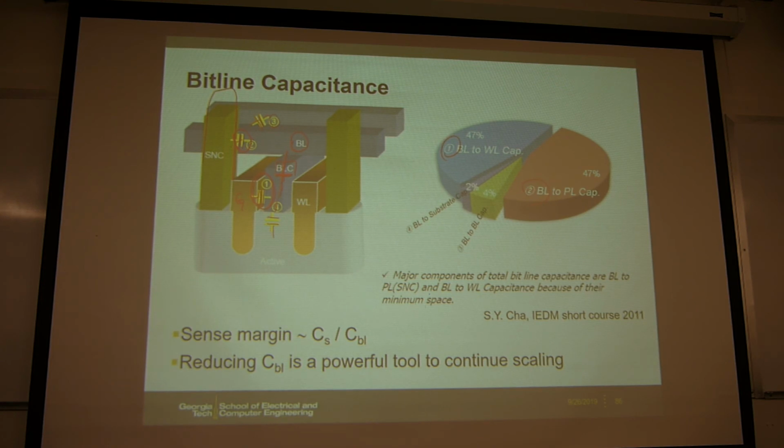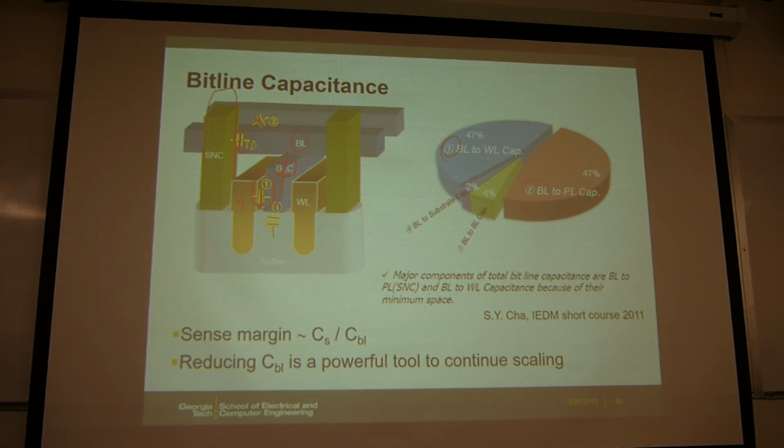For cell capacitance, you want larger capacitance, so you use high K material as the dielectric. For this one, you should use low K. That means low K for those insulators, for example between Bitlines or from Bitline to Wordline, so the spacer. All of those materials need to be low K.